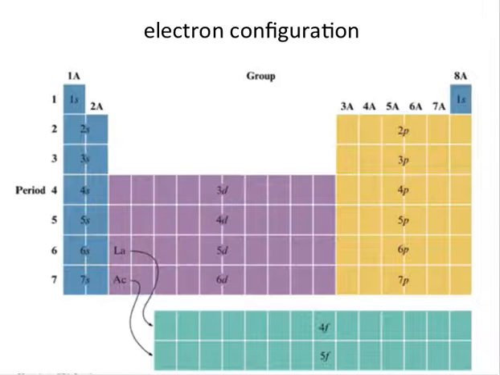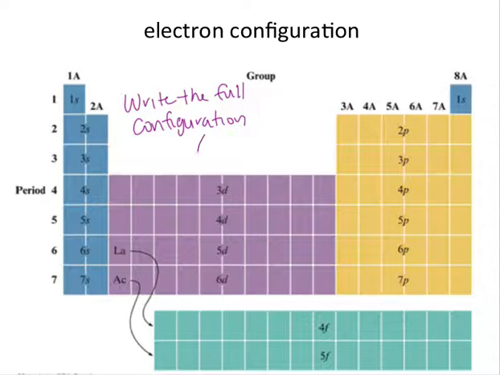However, on the AP, I've seen it multiple times, like alternating years, where they will actually say write the full configuration, and then they put in parentheses 1s2, 2s2, ... Does everyone understand that means write the full configuration from the beginning? Okay? And we did get like tons of people just putting noble gases in parentheses, and I'm like, nope, no credit. We couldn't give them credit. Okay? So you got to read your instructions.